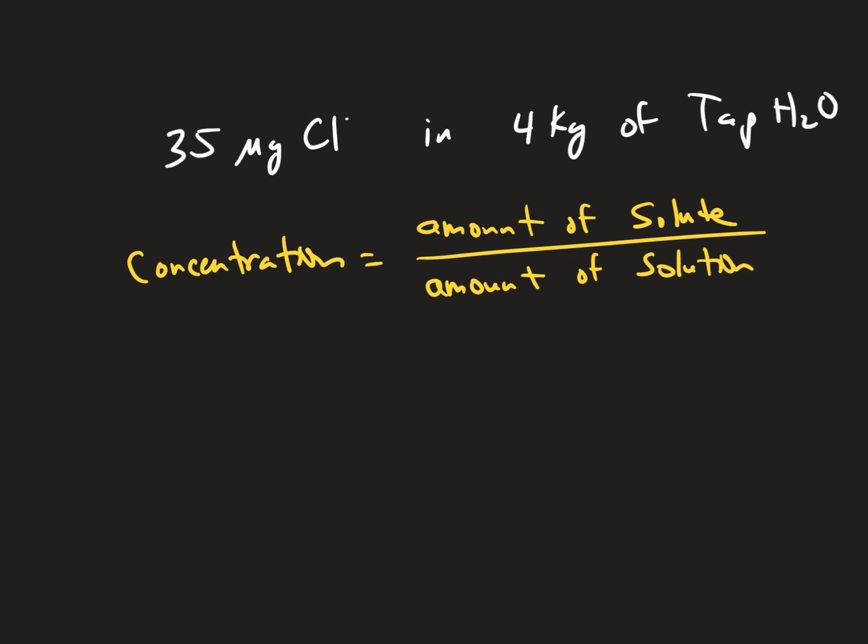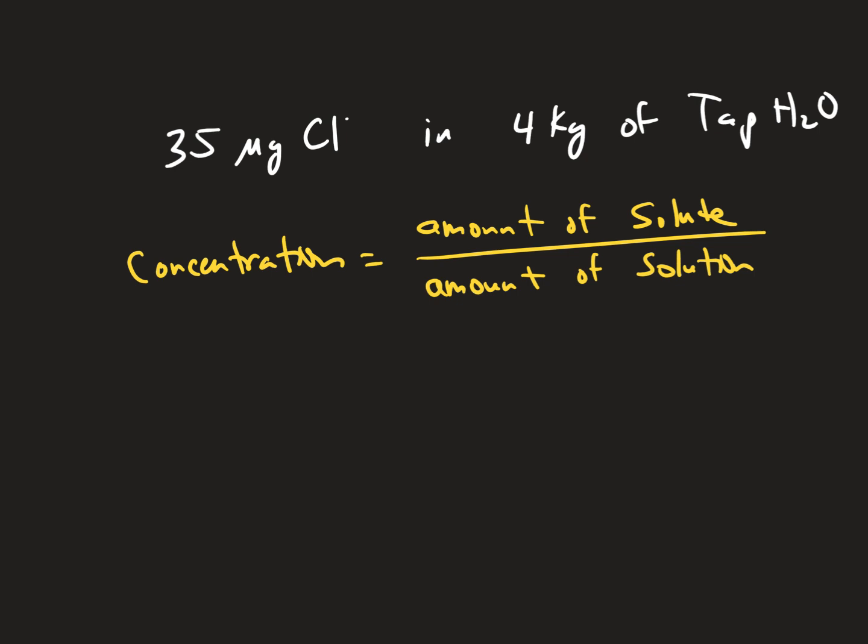Always, always, always. When we talk about molarity, that's what it is. When you talk about mass percent, volume percent, mass to volume percent, parts per million, parts per billion, it's all amount of solute over amount of solution, okay?